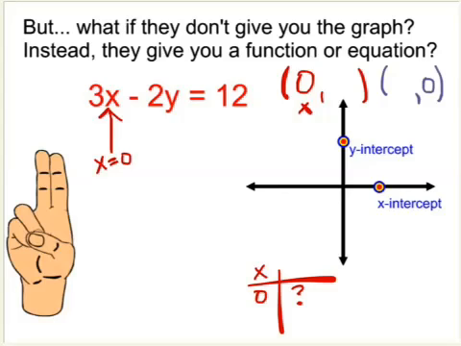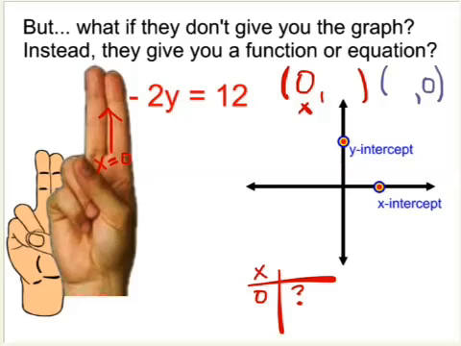That's why this hand is over here, where we cover up the thing that is being set to 0. So to figure out what goes in this blank, we are going to set x to 0, which causes this term to blow up or go away. So we're going to cover that up. There we go. We've covered it up with our fingers.